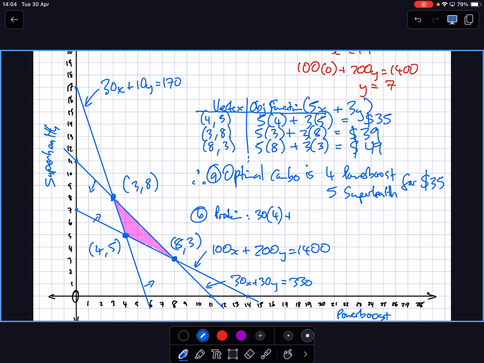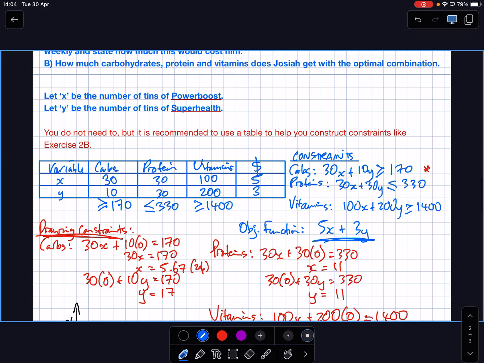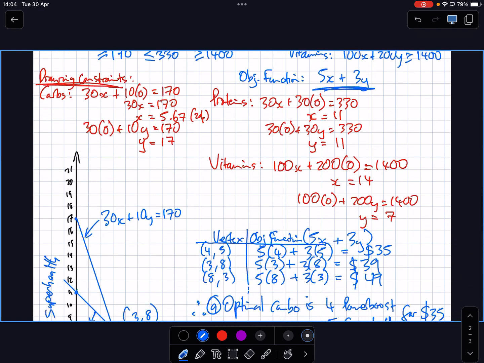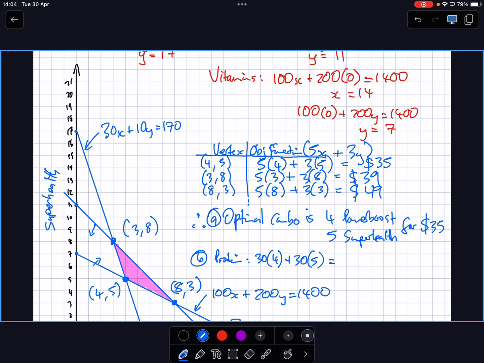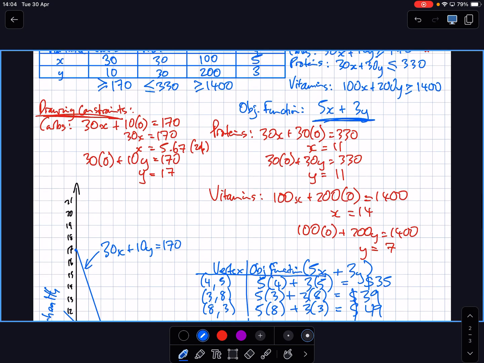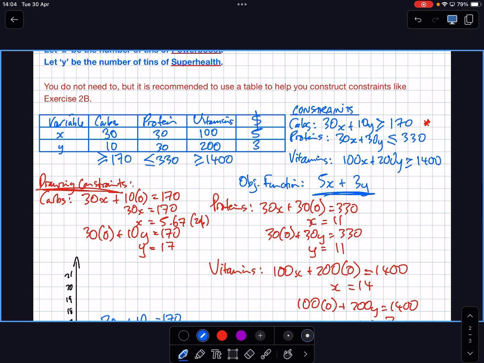I'll do protein now because I stuffed it up. 30 lots of super health. 30 times 4 is 120, plus 30 times 5, 150. So you're going to get 270 grams of protein by doing this optimal solution. Is that less than or equal to 330, like we were saying? Yes. So it meets the requirement.